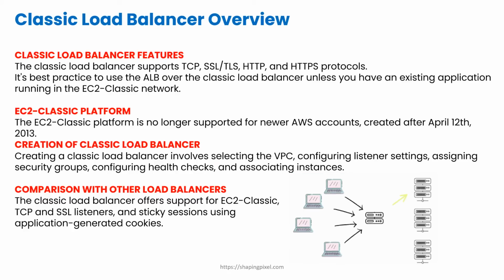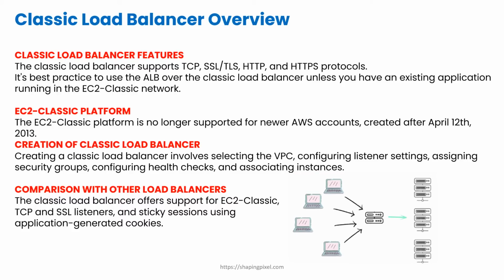So let's now dive into the overview of classic load balancer. The classic load balancer supports TCP, SSL/TLS, HTTP and HTTPS protocols. It's best practice to use the ALB over the classic load balancer unless you have an existing application running on the EC2 classic network.